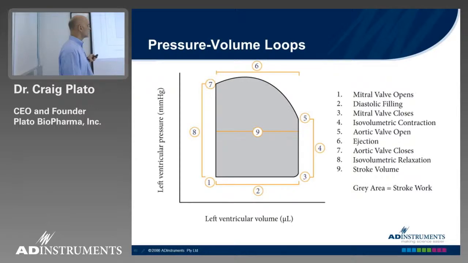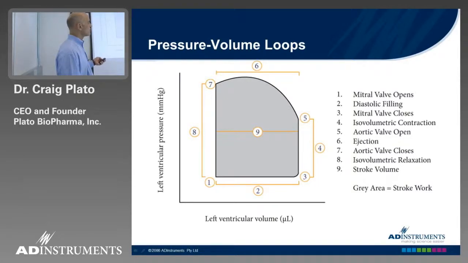After the mitral valve opens, we have diastolic filling, shown by number 2. Okay, and what you'll also notice is that although volume is changing, there's no change in Y, right? So this means that as the heart is filling with blood, there's not a real change in pressure under normal conditions. Certainly that changes in the setting of disease, and we can point that out a little bit later.